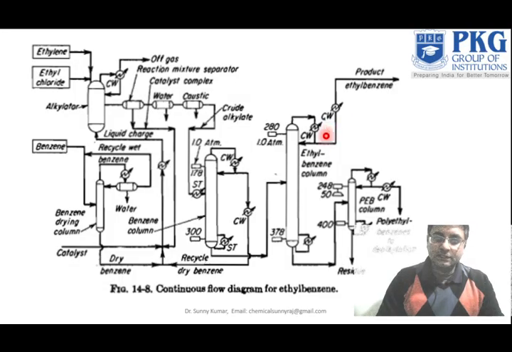The first one is by reacting ethylene and benzene at a specific temperature and using a specific catalyst. From the first you will get the ethyl benzene, and the other component you are getting is polyethyl benzene. So by these columns you can easily separate the ethyl benzene and polyethyl benzene.